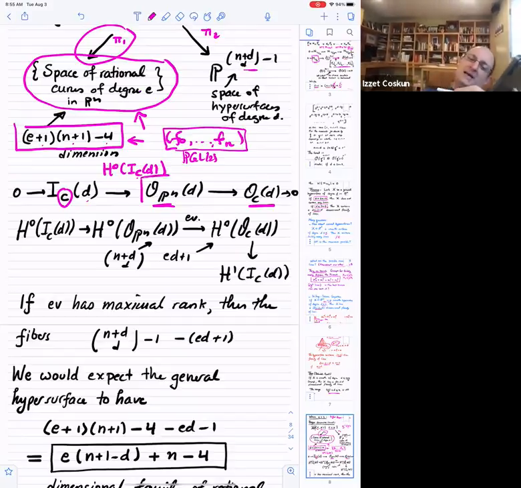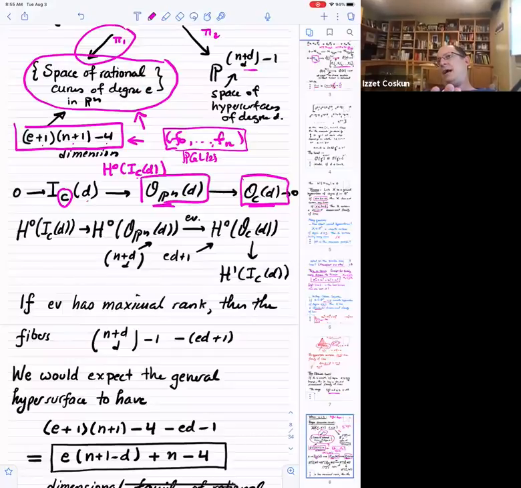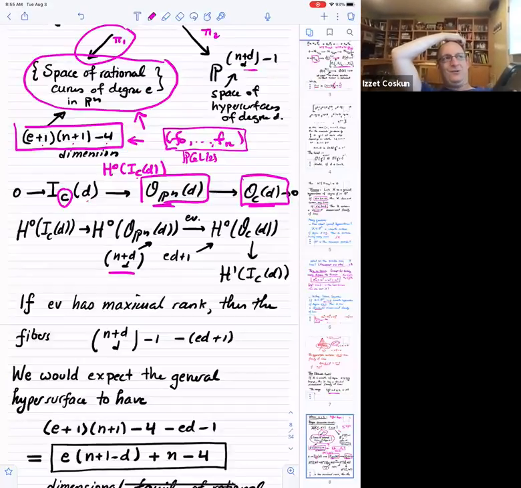This one and this one we understand. Hypersurfaces of degree d in projective space form an (n+d choose d)-dimensional vector space, because you're choosing polynomials of degree d in n+1 variables.